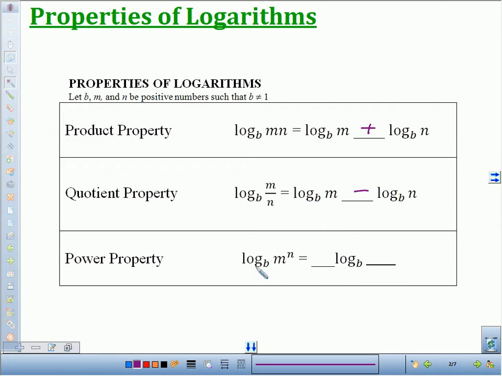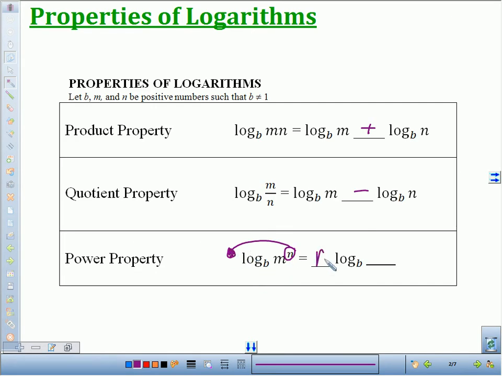And the power property, again very similar to the other power property, is a little bit different in this case. If I have log base b of m to the n power, this n will move to the front of the logarithm, and I will be multiplying by it.